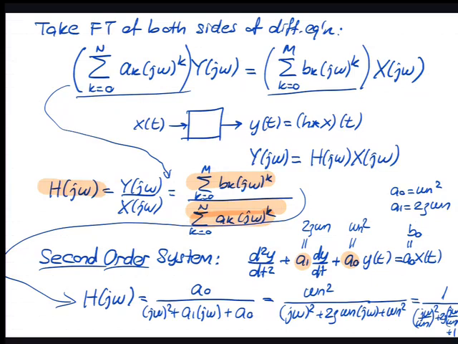Whatever you can see there, something nice has happened without you noticing probably. Omega always appears in the form of omega by omega n. So how would this frequency response change as I change my omega n? Omega n appears nowhere else. Wherever there's an omega, it is divided by omega n.